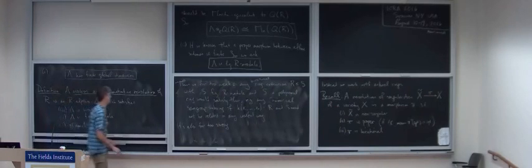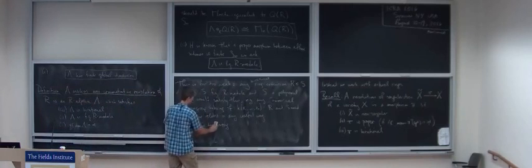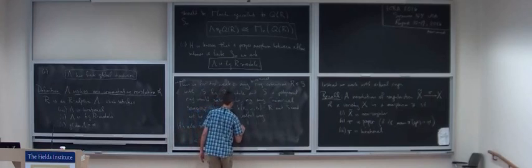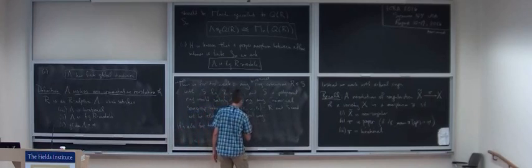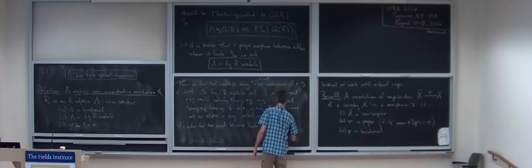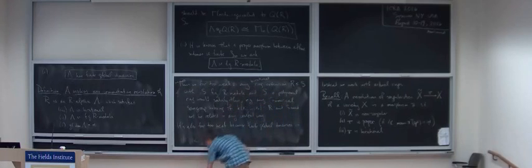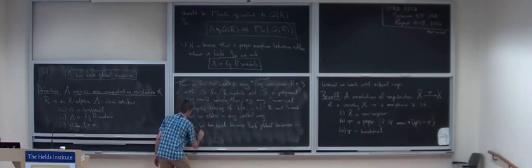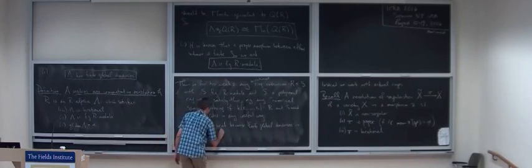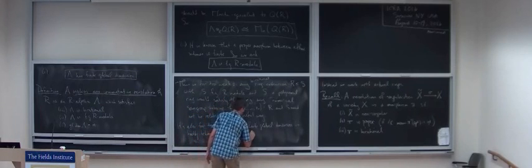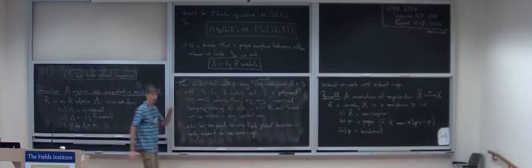Okay, let me give you another reason why it's far too weak. It's far too weak because global dimension, or finite global dimension, is badly behaved for non-commutative rings.